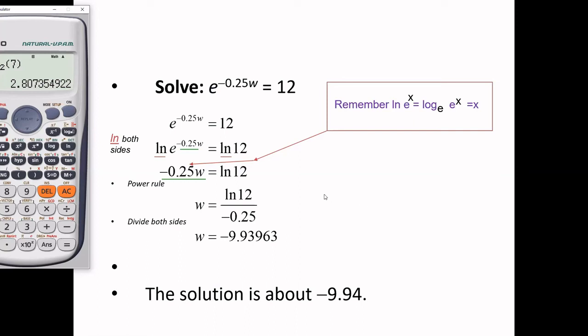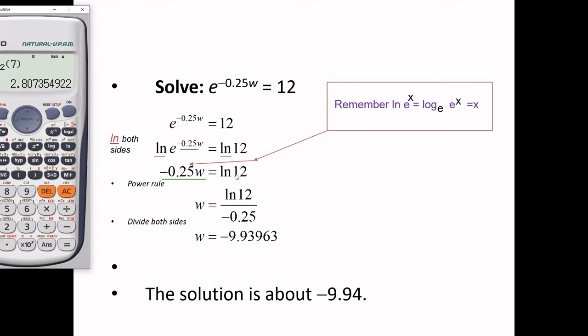Okay, so anyway, first thing I did was I took natural log on both sides. Then using the power rule, I moved it out front. You might ask, well, where'd this natural log E go? Well, natural log of E is 1 because it's log base E of E. So the 1 times the negative 0.25W just leaves the negative 0.25W.